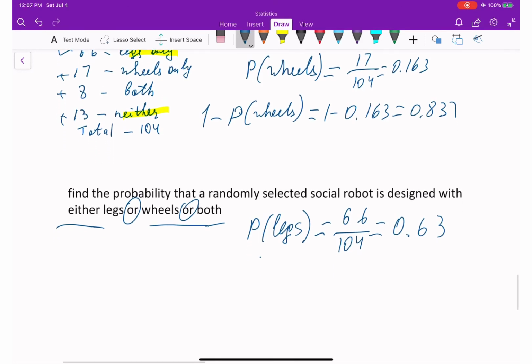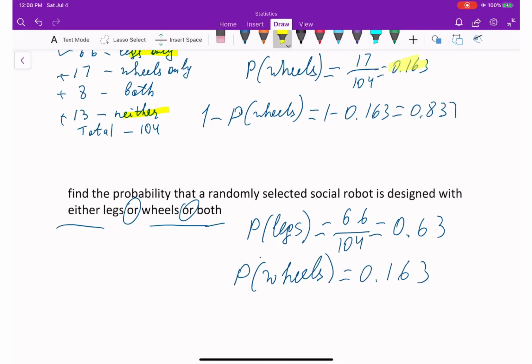Probability of wheels, we already have that one, it is 0.163, right? It's right here. And lastly, the probability of both.